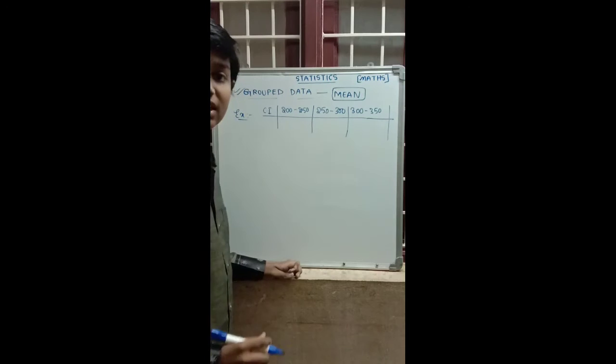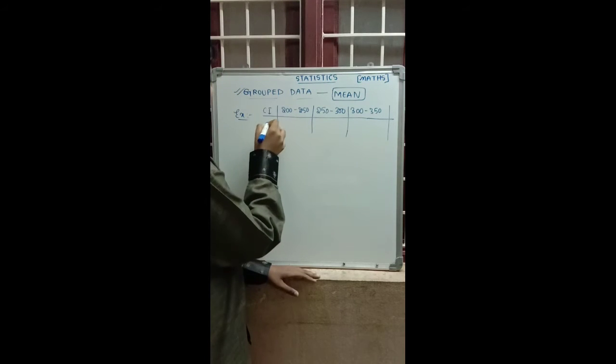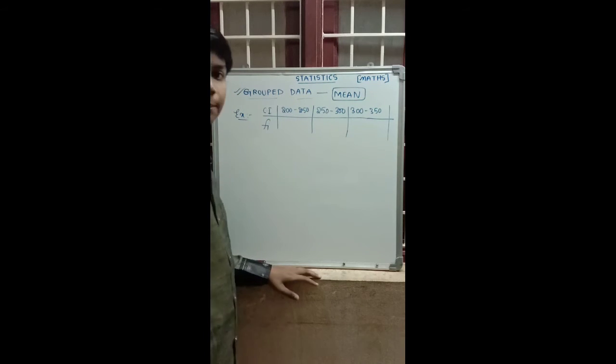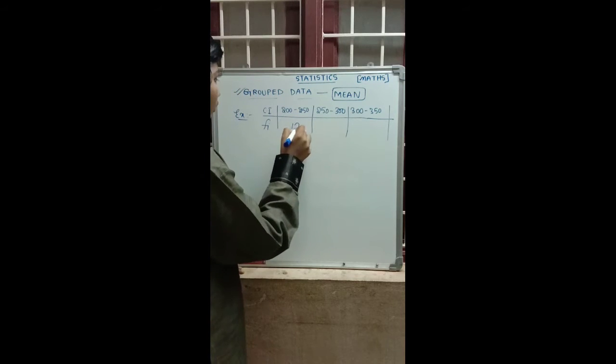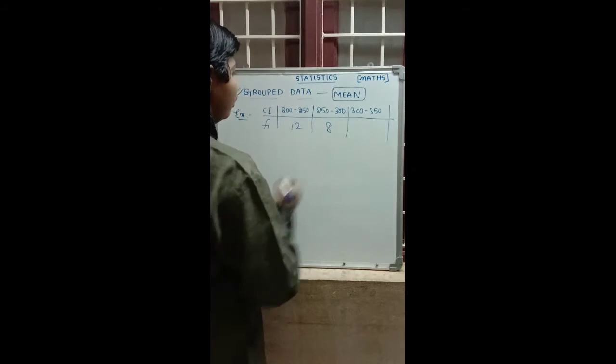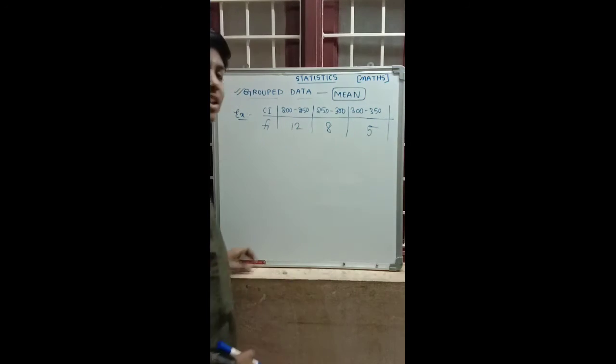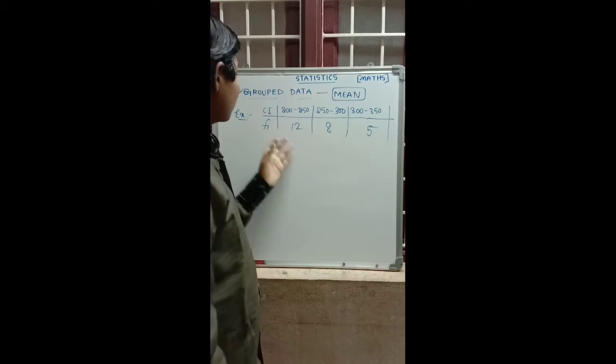Down one is the frequency: 12, 8, 5. These are the frequencies given in the question.